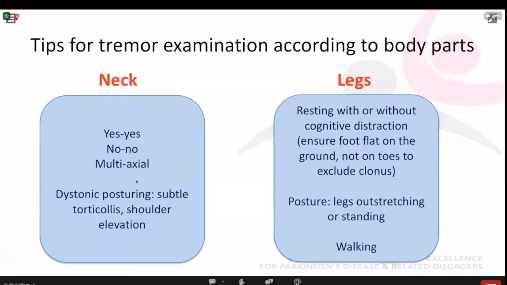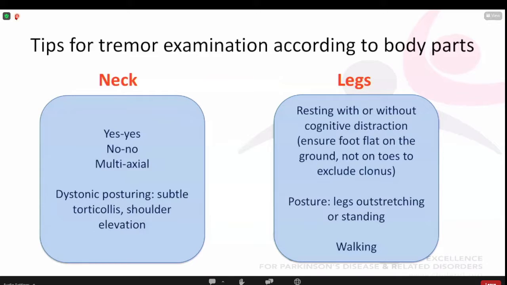For the leg tremor, it can be classified into rest tremor, where you have to ensure that the foot of the patient is flat on the ground to be truly resting.